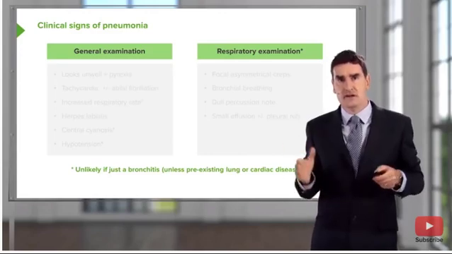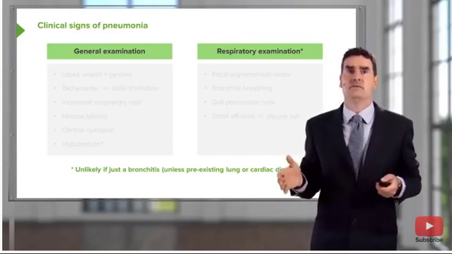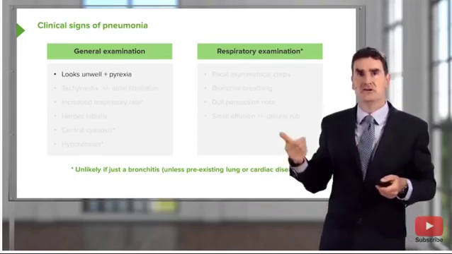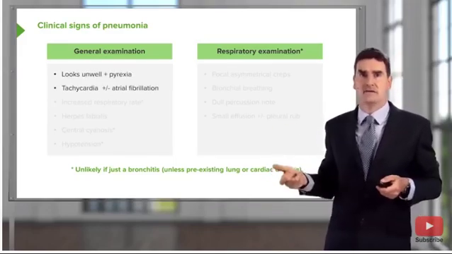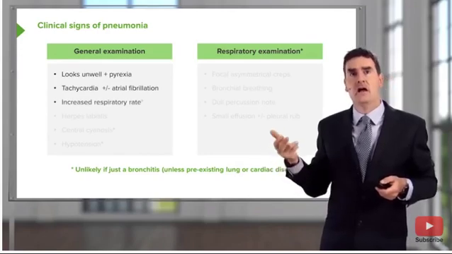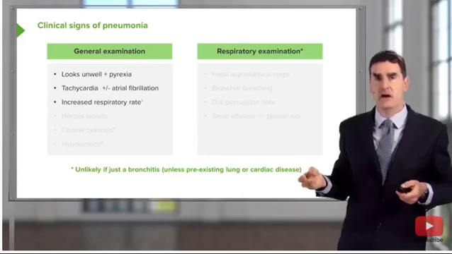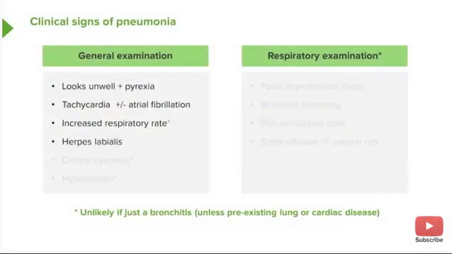When you look at the patient and examine them, again, you have the general examination findings of somebody with an acute infection: pyrexia, they don't look very well, they should have a tachycardia, and they have an increased respiratory rate because of the problem with the consolidation. There are a few other issues. They may have herpes labialis, so herpes simplex infection around the mouth actually often reactivates in people with pneumonia.